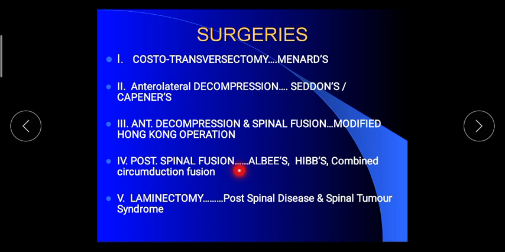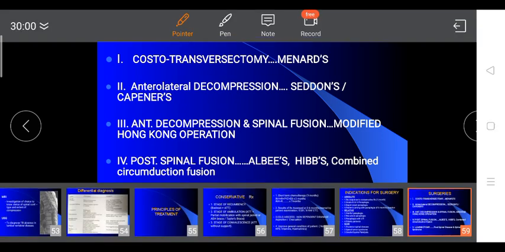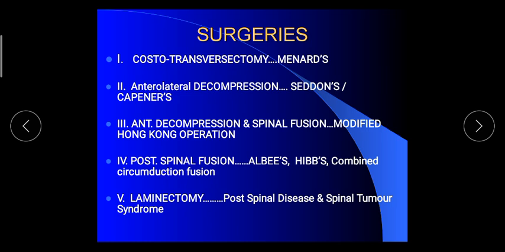Then posterior spinal fusion, that is only the posterior parts, that is lamina, spinous process, these are fused. Examples are Albee's fusion, Hibbs fusion, and combined circumduction fusion, where anterior and posterior parts are fused. All this I'll show in the figure.